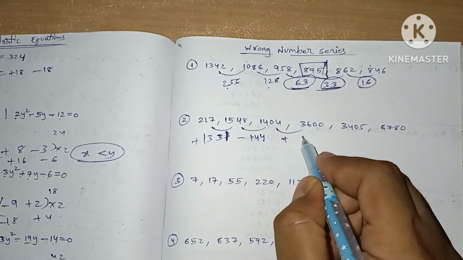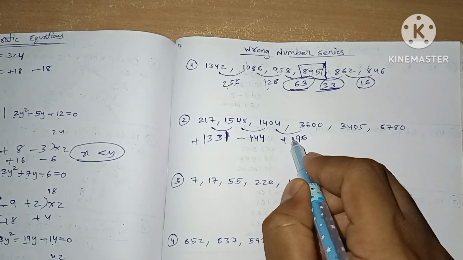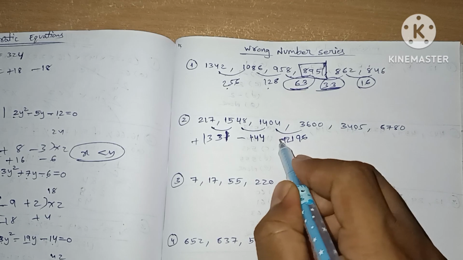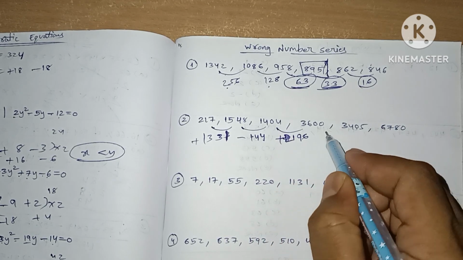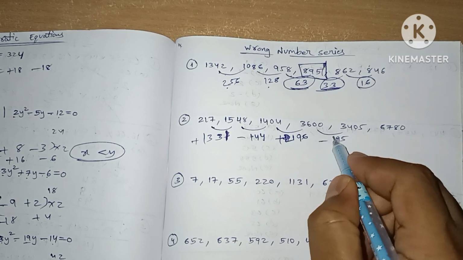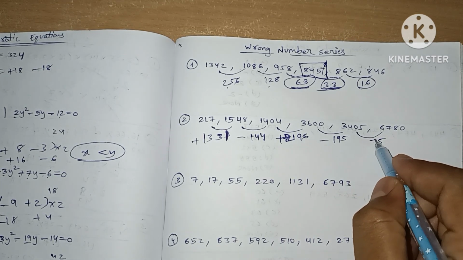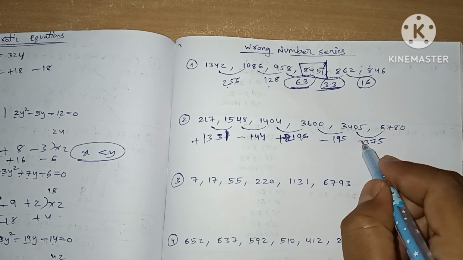Here plus 6 9 1 2 2196 plus 2196. Here minus 5 9 1. Here the difference is 5 7 3 and 3.